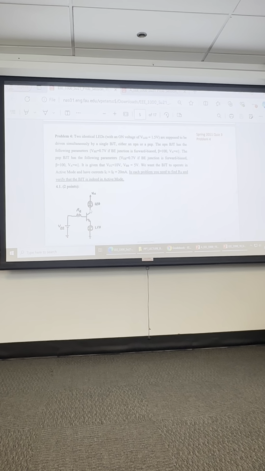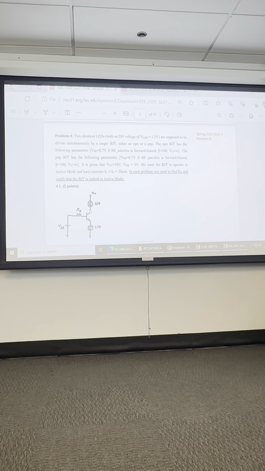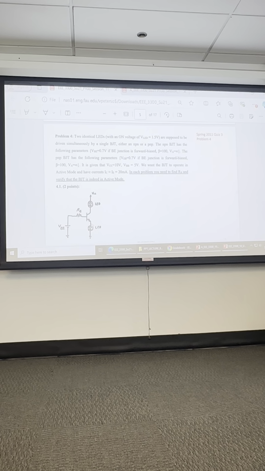So what is the voltage on the collector with 10 volts on the battery? 8.5. And what is the voltage on the emitter? 1.5. And then what's the voltage on the base? V sub B is V sub E plus 0.7.